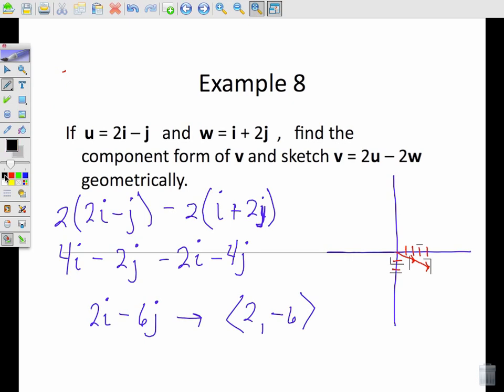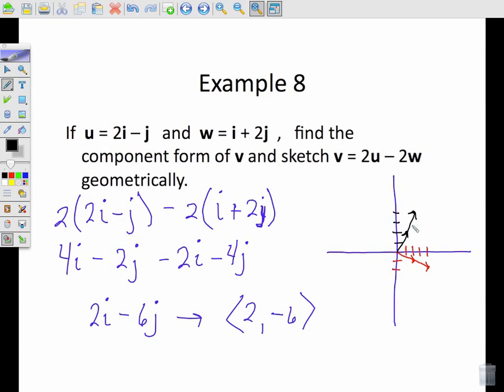I'll do a different color here for the w. All right, w is i plus 2j, so over 1, up 2. This is a w, so if I do that again, over 1, up 2. This is 2w.